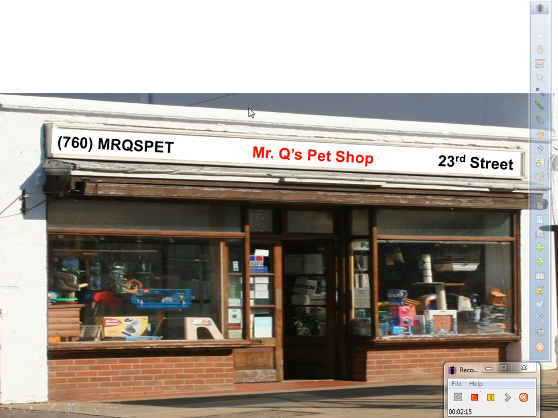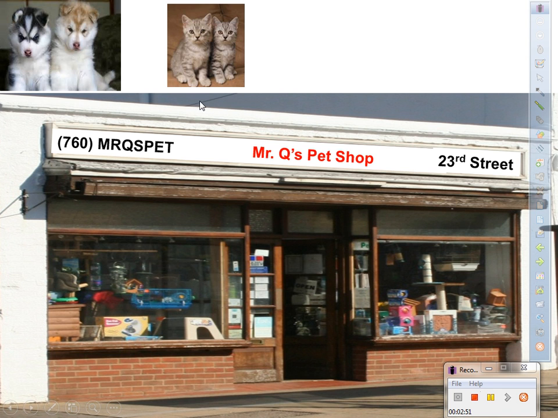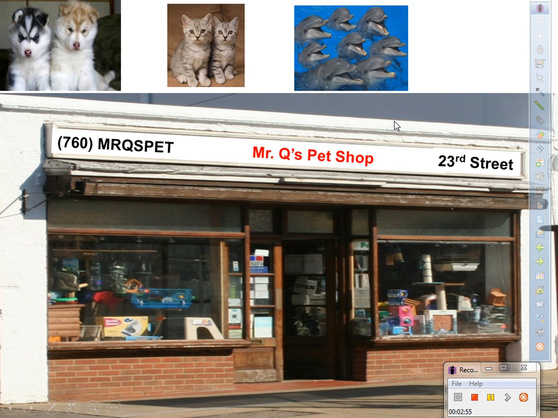Now check this out. So in this store, we're going to sell dogs, and I have this kind of dog. It's a Siberian Husky. There it is. We're going to sell cats, just not to discriminate against cat people. There it is. And the other animal will be dolphins, because my sister likes dolphins, so I'm going to include dolphins in there. And we're going to have money.